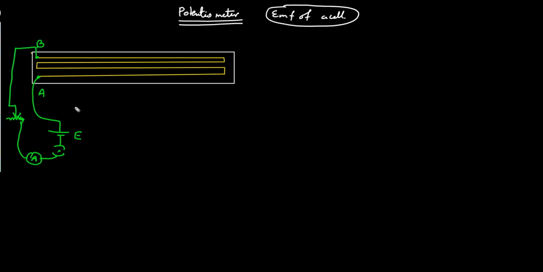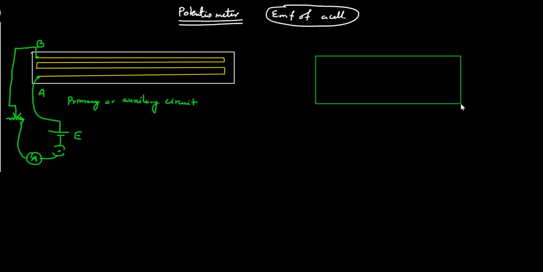Okay, this is known as primary or auxiliary circuit. Right, primary or auxiliary circuit. Now this primary or auxiliary circuit, if we draw it in another way, it is going to be in this manner.